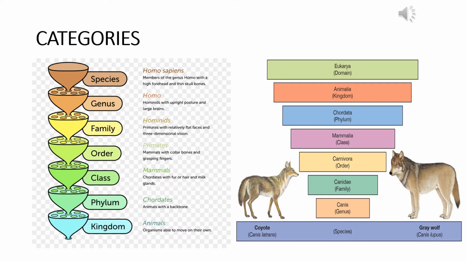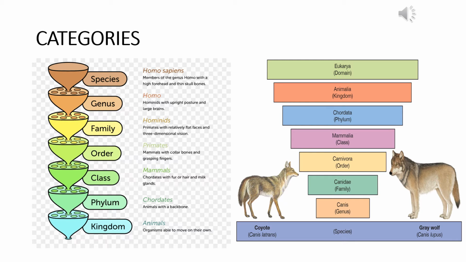The classification is quite difficult and it is actually done in a hierarchical manner. It is not a linear scheme of classification that we follow in case of every different organism. The levels of the classification are known as the categories or the taxon.